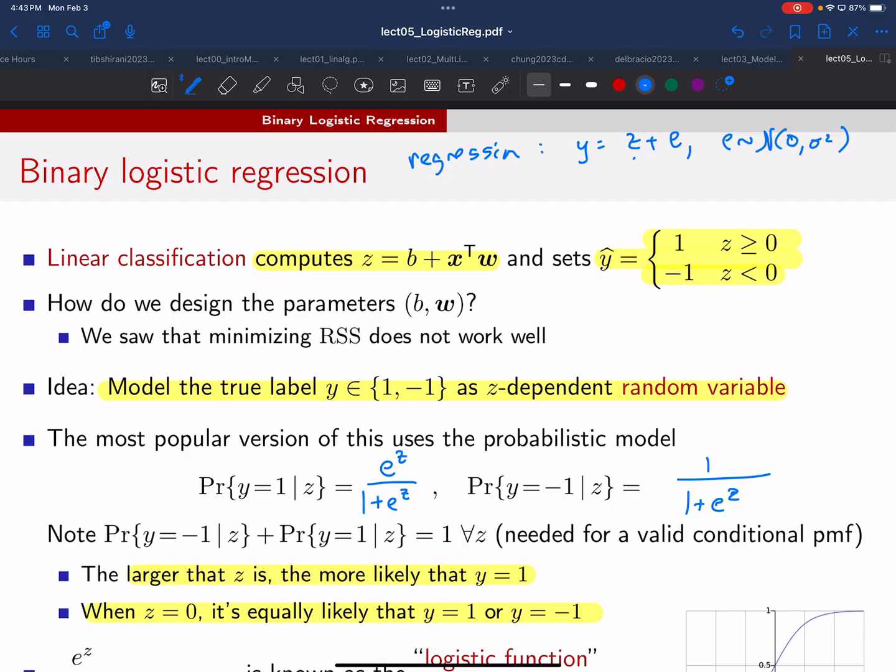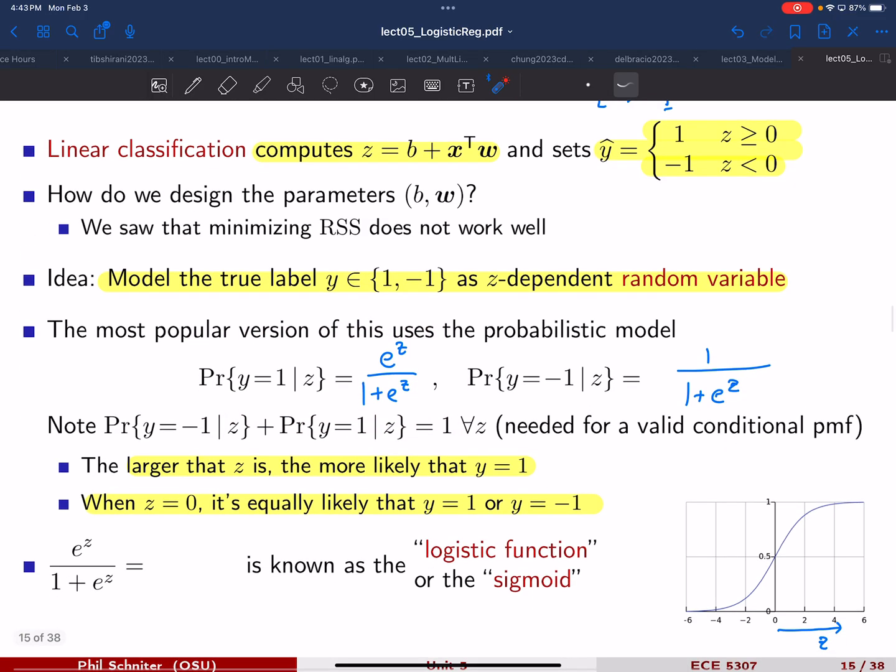So this z here was like our x transpose beta. So this notion of a random model linking your parameters, or linking z and y, was something we've seen before. All we're changing is we're going from this Gaussian additive model to a different kind of randomness. All right. Any questions on what we're doing here?